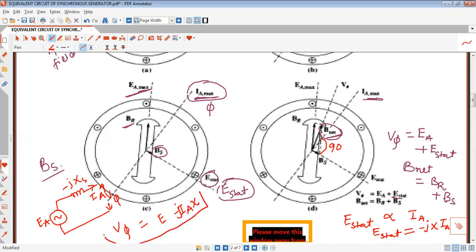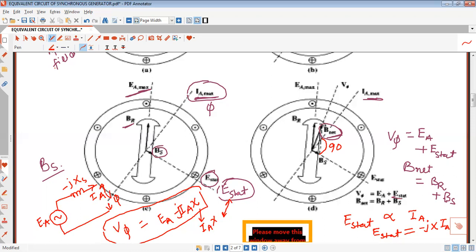This is the voltage we are getting at the output, and it is reduced from EA due to the armature reaction, meaning due to the current flowing in the armature, which will reduce this voltage by IA X. This is the E stat voltage. By this much the voltage is reduced.